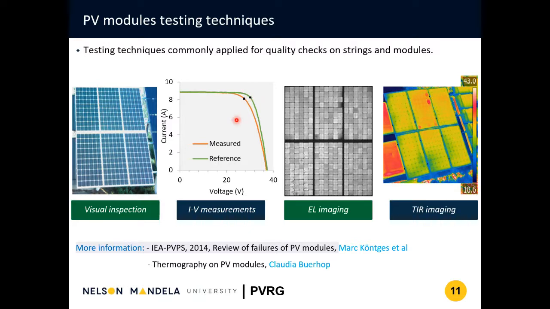But identifying the individual cells that cause the module to underperform requires EL imaging and also TIR imaging, as can be seen here, on the EL image showing dark cells, and those dark cells correspond to the hot cell on the TIR image.